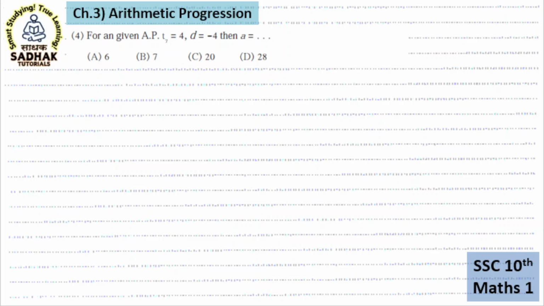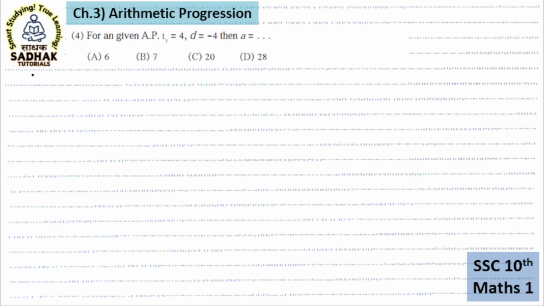Chalo, we are doing question number 1 from the problem set of Maths 1, chapter number 3, Arithmetic Progression. In this question number 1, we are solving the fourth multiple choice question. For a given AP, T7 is equal to 4, D is equal to minus 4, then A is equal to dash.